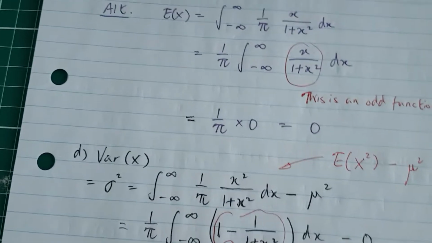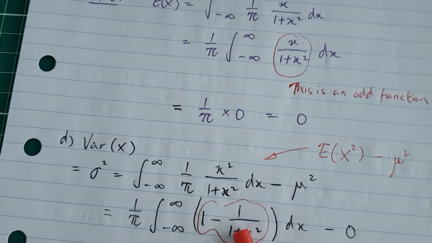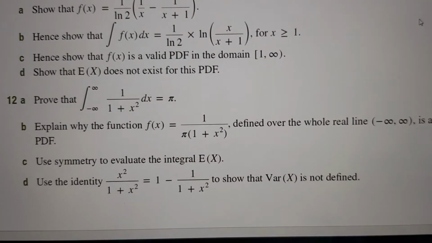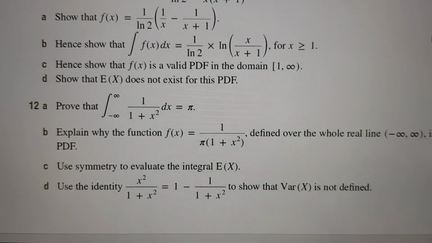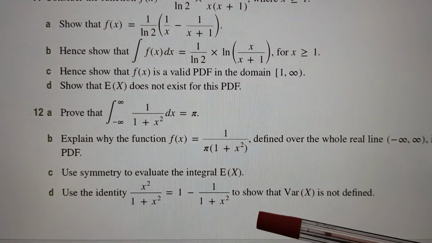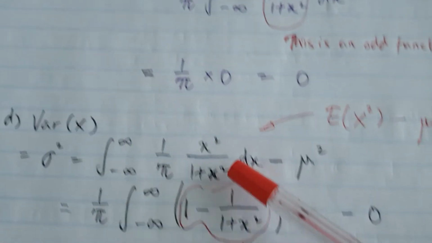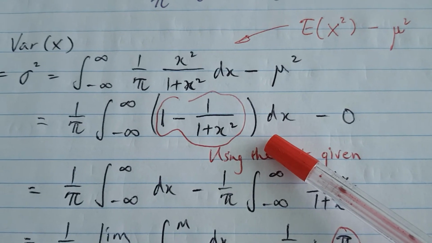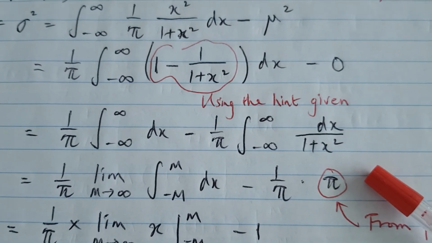All right, so now where do I get that from? That's given in the question. So here you were told that in the last part you have to use that identity in part D. Okay, so that's this one that I'm talking about here. So I'm using that identity right here. Okay, sorry, here from this line to that line. Okay, using the hint given. Hence now I have that.